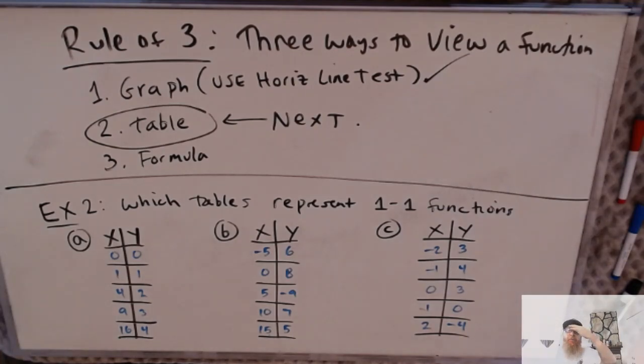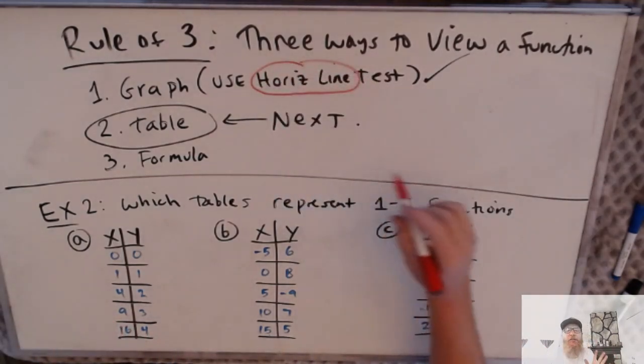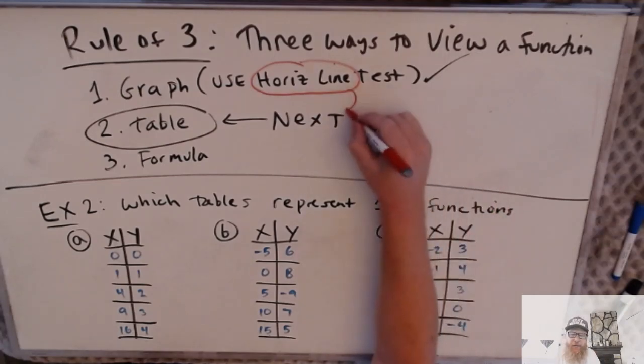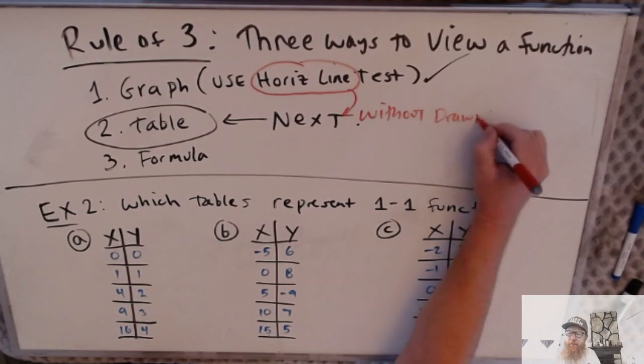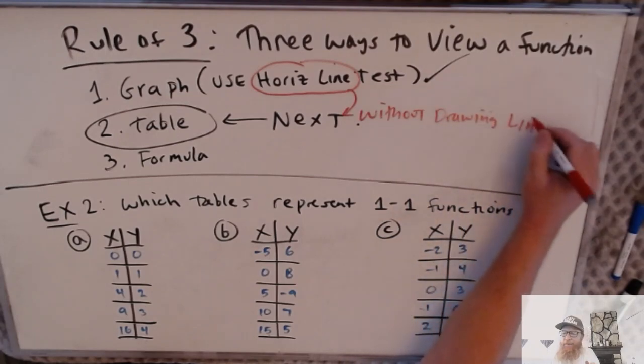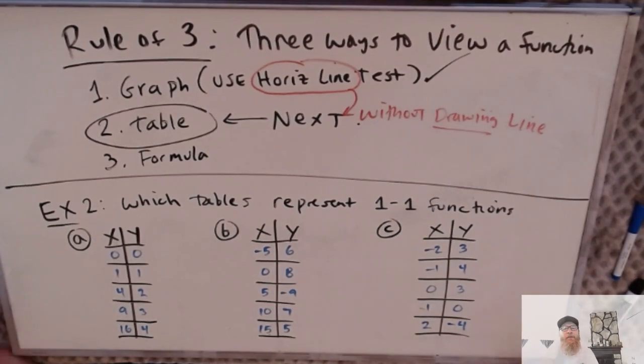Okay, so which tables represent one-to-one functions? Well, we're essentially going to do the horizontal line test without actually drawing a horizontal line. In fact, you never actually have to draw the line. You can just think about what a horizontal line means.